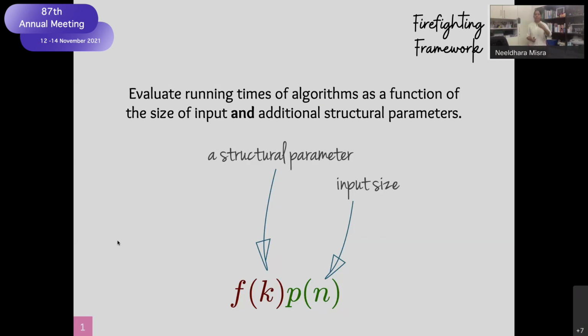This function is allowed to be exponential because we know that we cannot come up with something that's polynomial time always. But let's say that we have an algorithm whose running time is something like 2 raised to k times some polynomial in n, where I'm implicitly using n to denote the size of the graph.